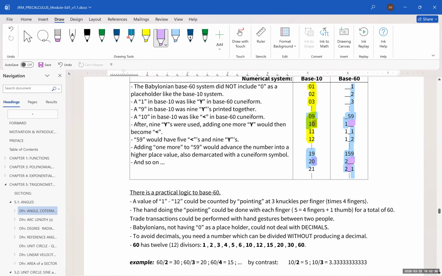Well, first of all, you can count from 1 to 12 using one hand. If you look at the human hand, you've got your thumb and 4 fingers. You could use your right hand and kind of point to it.